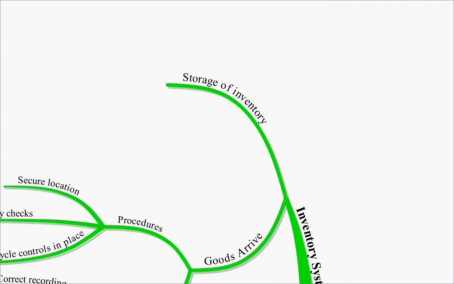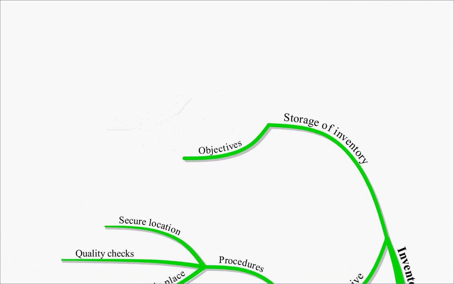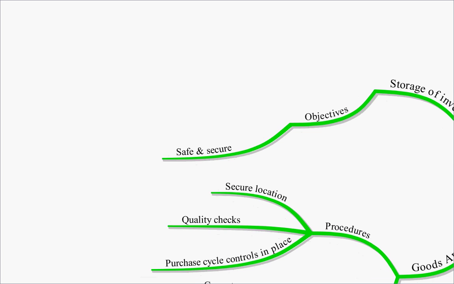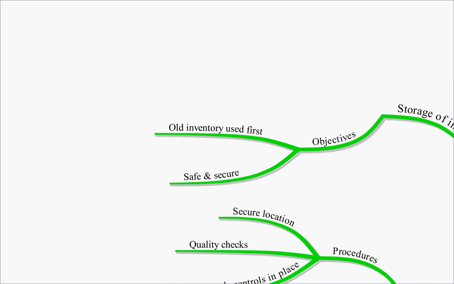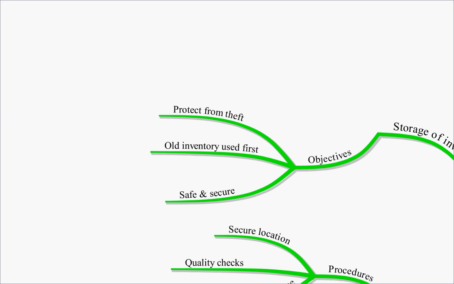Second, the storage of your inventory. The objectives here, of course, are that it is in a safe and secure location. You want to make sure that old inventory is used first, so that it doesn't go obsolete or get damaged, and you want to protect your inventory from theft.